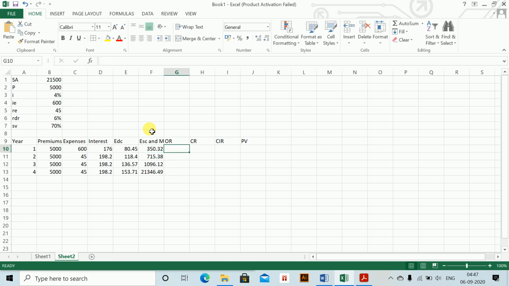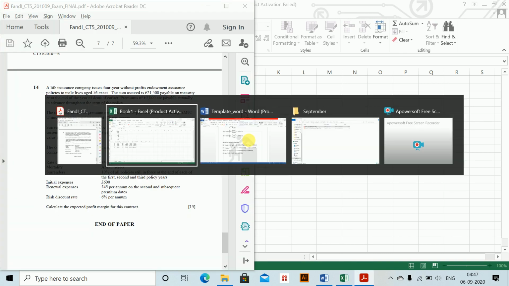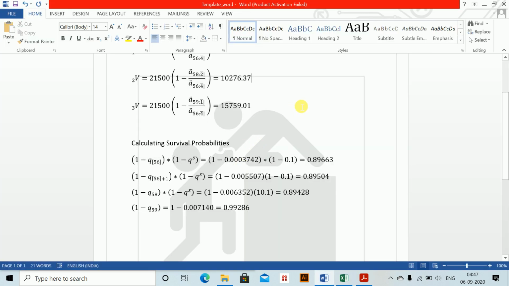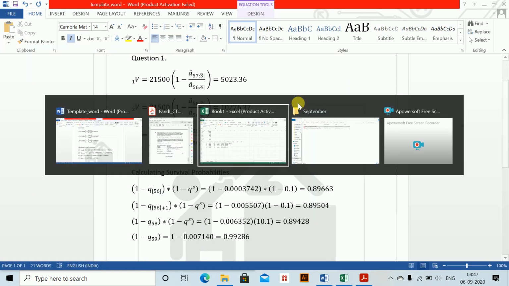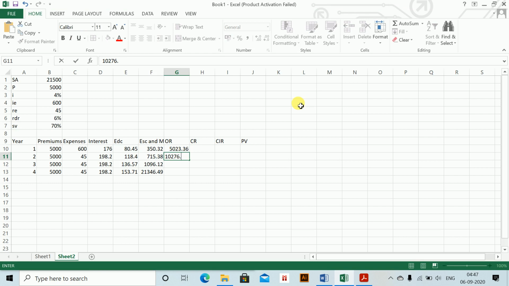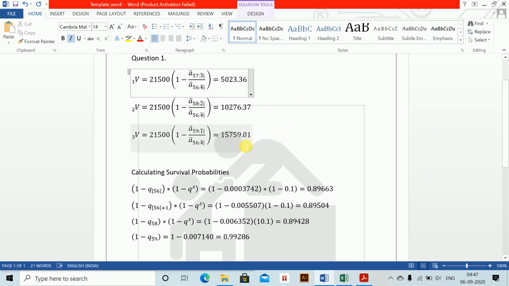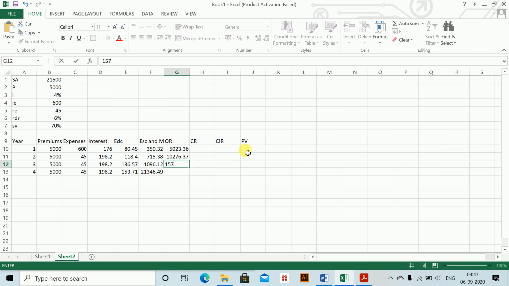Opening reserve we have calculated to be our values, which we have calculated here, the reserves value: 5023.36, then 1027.37, 15759.01, 15759.01. And since these are opening vectors, these are there, and this is 0. Closing is this, and CIR we know is nothing but opening, closing into this.